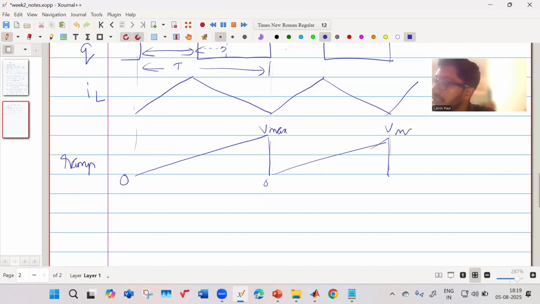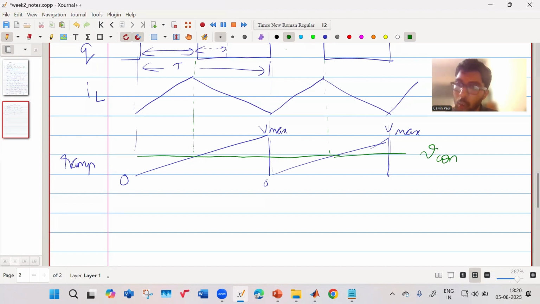Then at this point, this is my V control signal. So when my V control is greater than my ramp, what will happen?